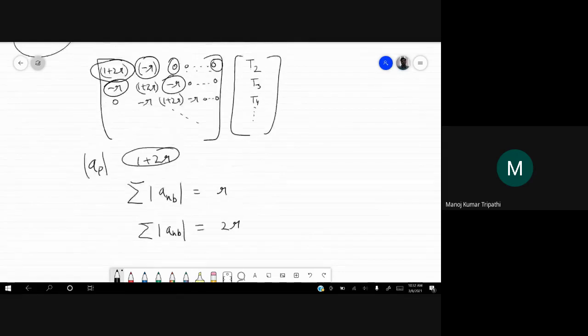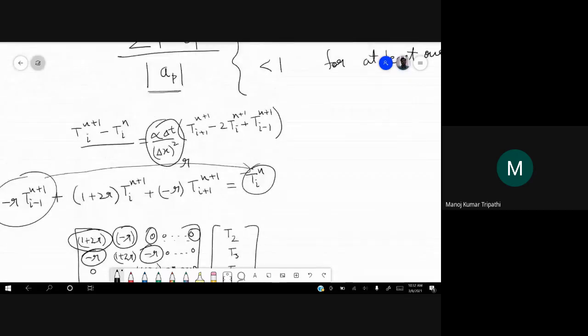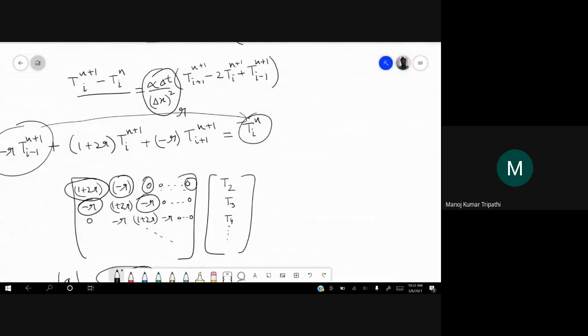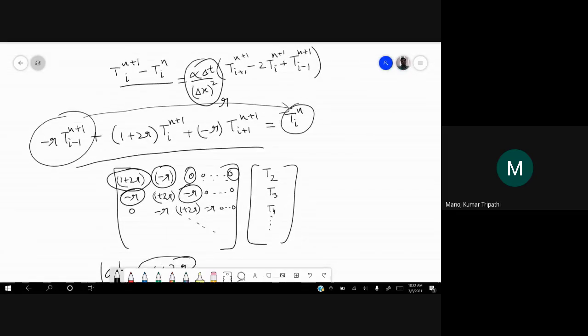So you can see that summation mod NB is always less than 1, less than mod AP. So this ratio is always less than 1 for this equation. So for this equation written in this form, which means that your unknowns are T2, T3, T4 respectively in all these equations, if you write like that.